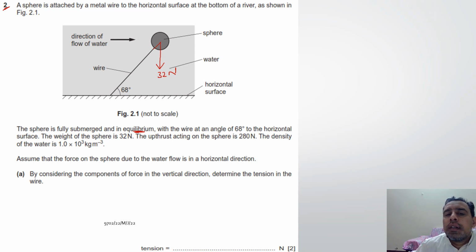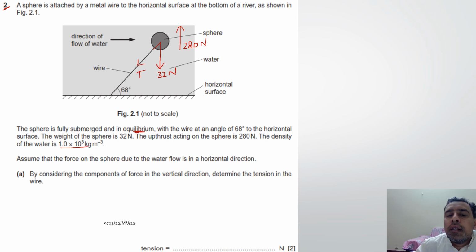The upthrust is always upward towards the less pressure, and the value of upthrust is 280 Newton. Now the density of the water is given, and assume that the force on the sphere due to the water flow is in a horizontal direction, means there is no other vertical force acting, but there is some tension in this string, so we have to show the direction of the tension in this way.